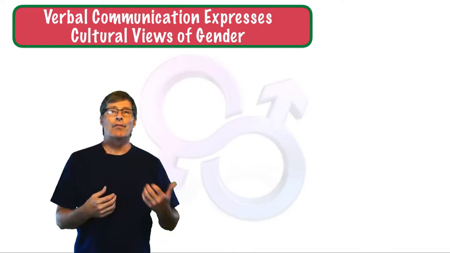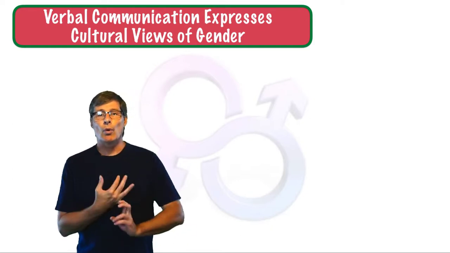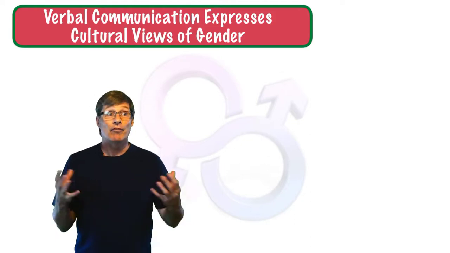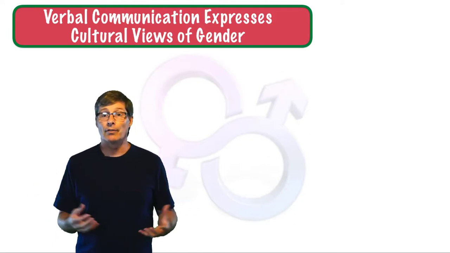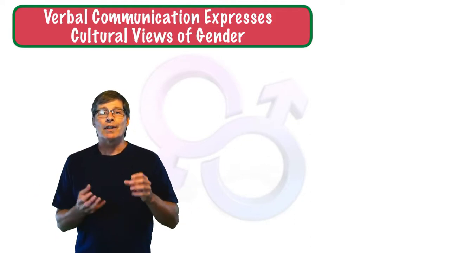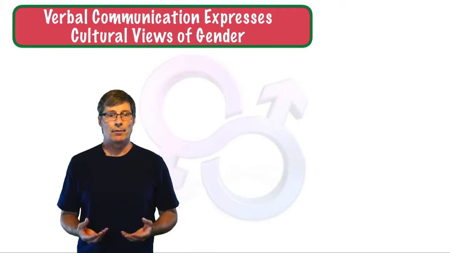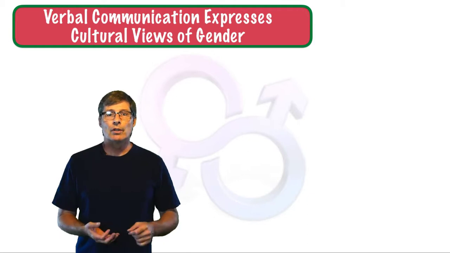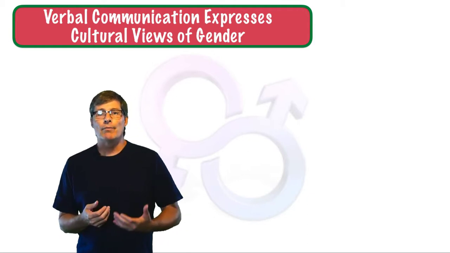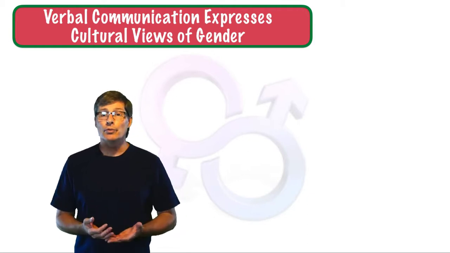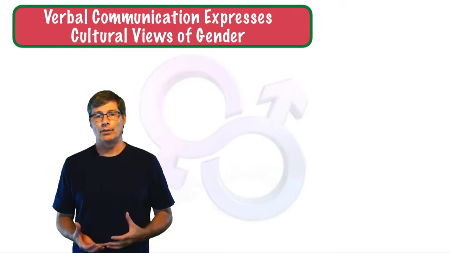Symbols allow us to define, they allow us to organize and to evaluate phenomena, things in our lives. Therefore, language helps us and is very important in defining gender. Language reflects and reinforces cultural views and cultural values.